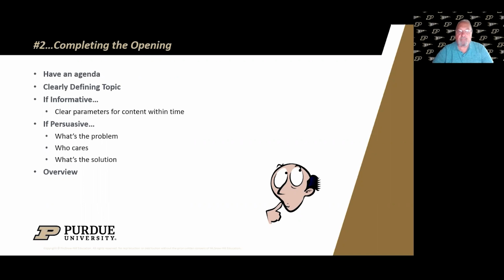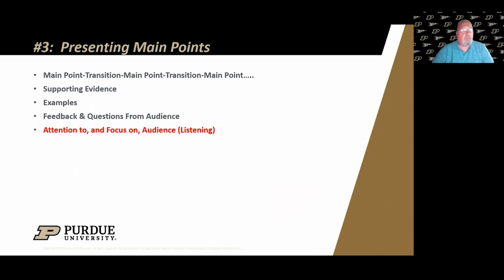If you are looking at a persuasive type of situation, then you need to define what the problem is, who cares, and what the solution is, and talk about that solution, and talk about the who cares, because that's critical to understand in terms of who's putting the emphasis on why you're attending those sessions.